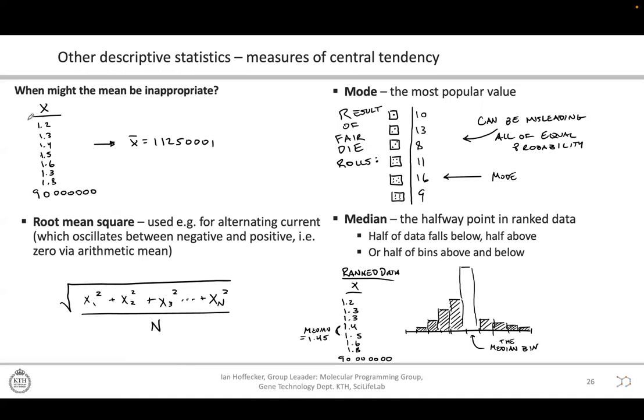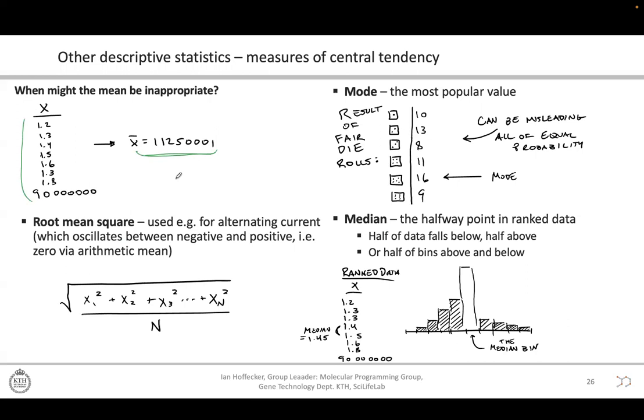For example, we have this data set here, and if we were to take the mean, we would get this large number. Depending on what you're trying to say or represent with this descriptor, this may be misleading.